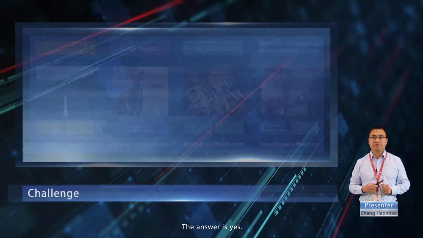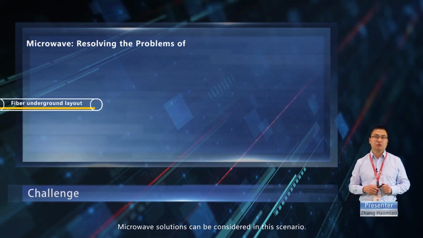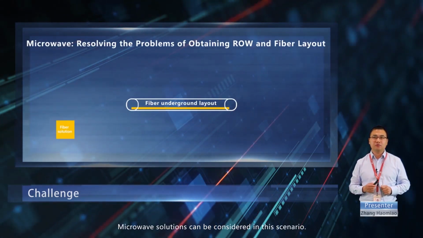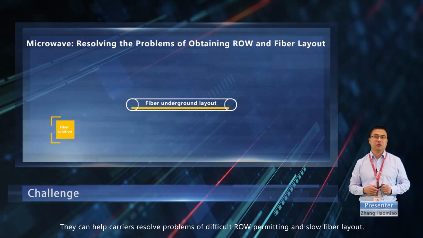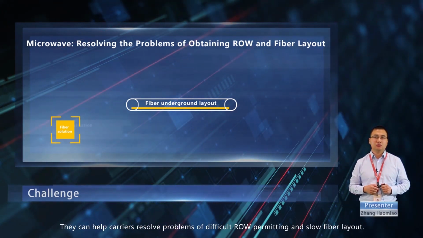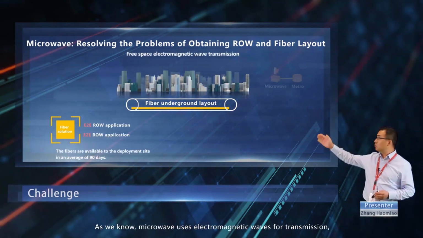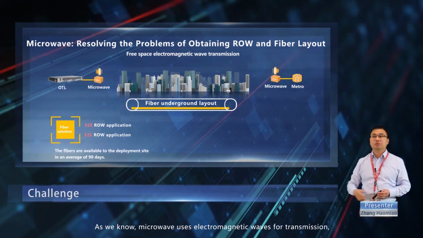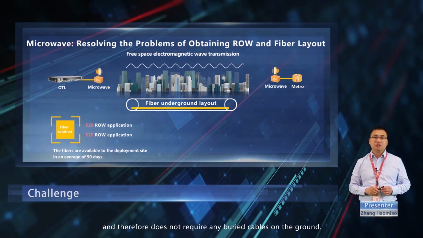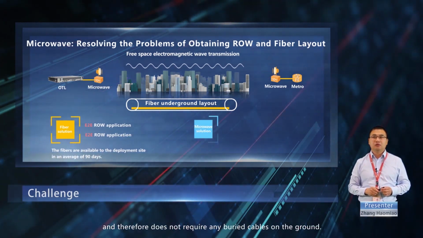The answer is yes. Microwave solutions can be considered in this scenario. They can help carriers resolve problems of difficult right-of-way permitting and slow fiber layout. As we know, microwave uses electromagnetic waves for transmission and therefore does not require any buried cables on the ground.